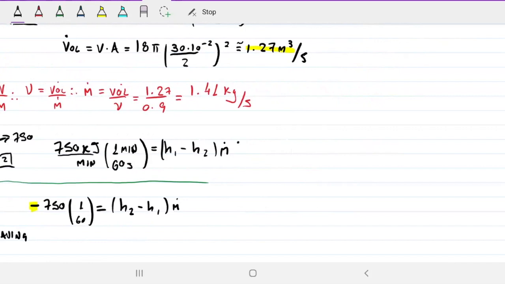So in this case here we have 12.5 divided by the mass flow rate, which is 1.51, has to be equal to my 1.2 equals the, what was it, the 76.1.